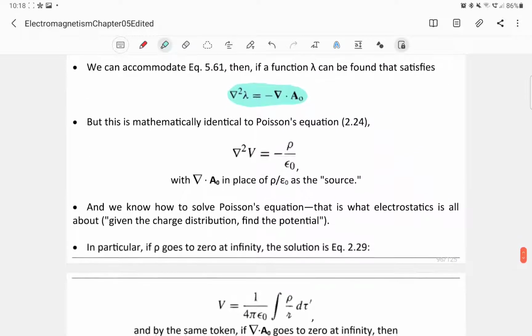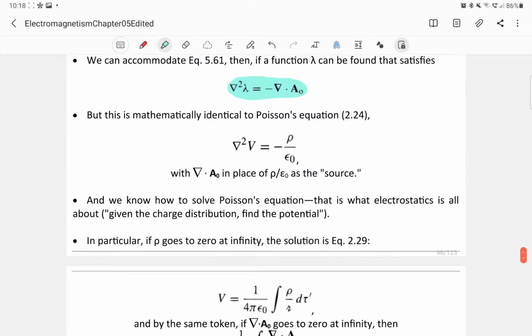Back in electrostatics, you have Poisson's equation, this one here.